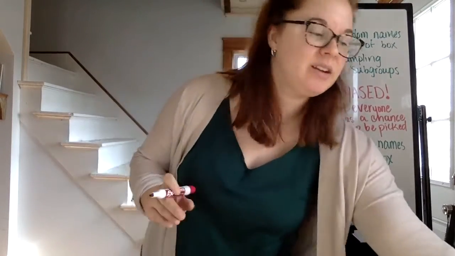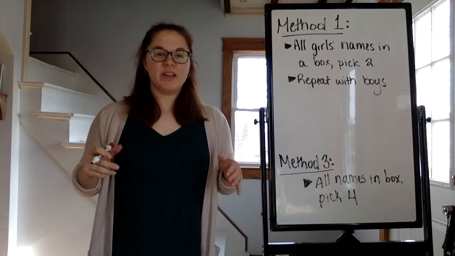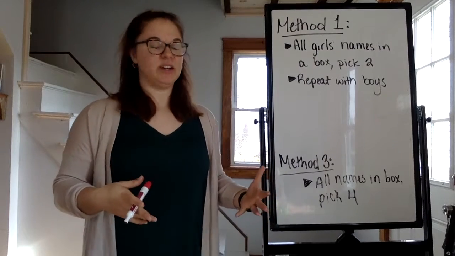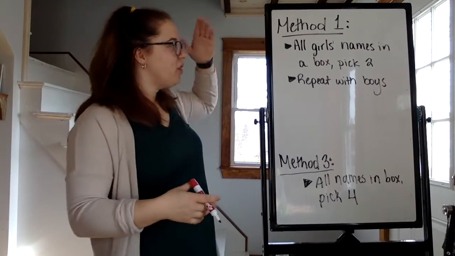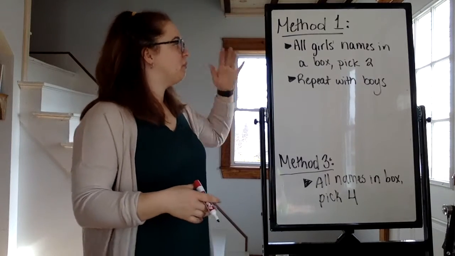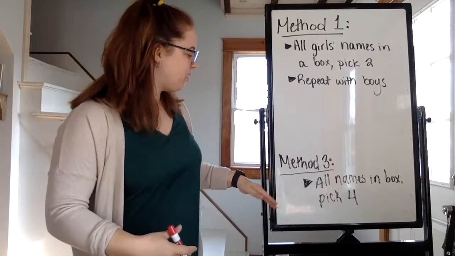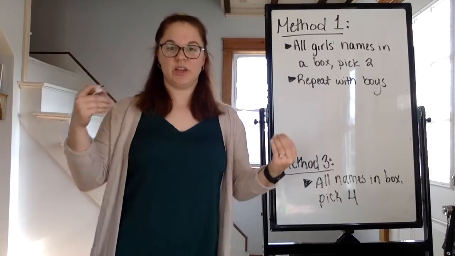So now that we have it narrowed down to method 1 and 3, it comes down to some finer details here. With method 1, we are putting all the girls' names into a box and picking 2, and method 2 is the same with boys. And the only thing different between that and method 3 is breaking it into those 2 subgroups, girls and boys.